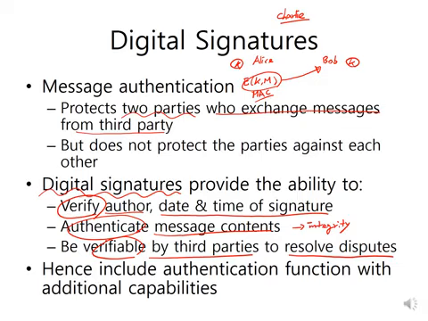So data signatures are very useful in providing a number of useful abilities in practice. Data signatures include the authentication function with additional capability compared to the previous symmetric-based schemes. So this is the concept of data signatures.